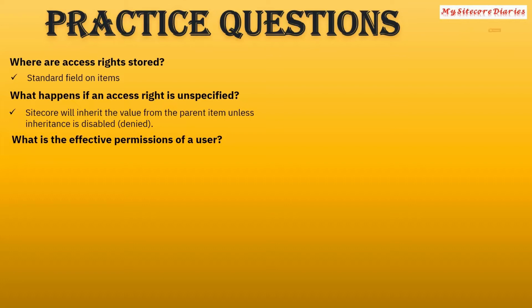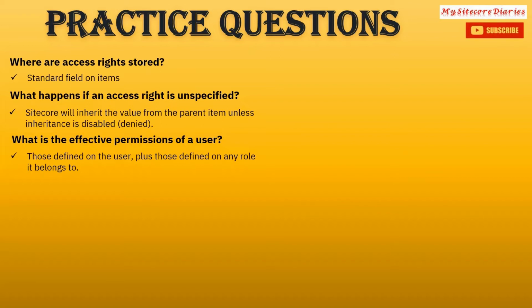What is the effective permission of a user? Those defined on the user plus those defined on any role that it belongs to. So I am a user, you have given me XYZ permission and you assign me an XYZ role, then whatever is combined is the effective permission that will be assigned to me.